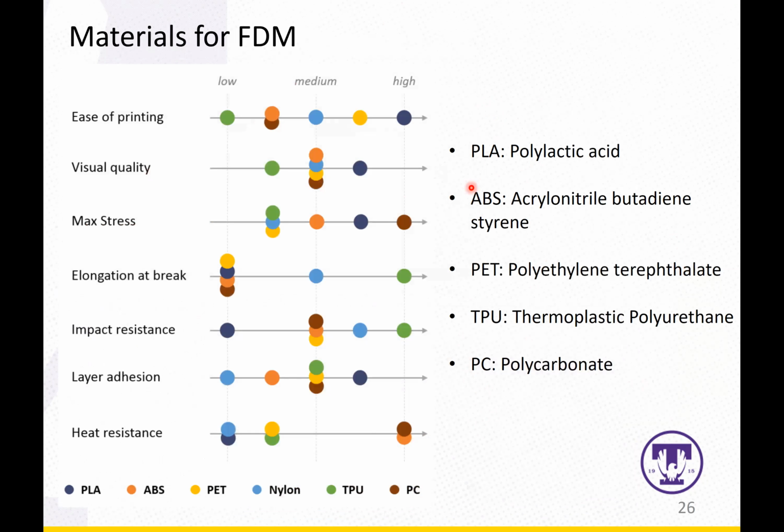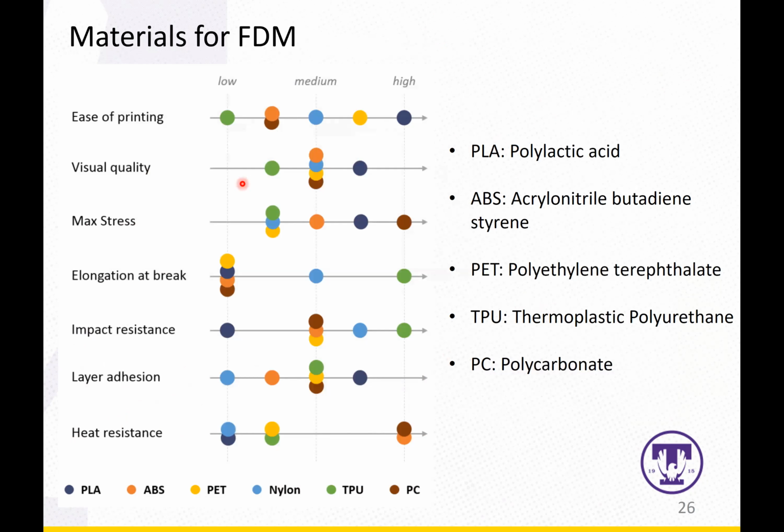But this figure summarizes the properties for different materials in terms of ease of printing, visual quality, max stress, elongation at break, impact resistance, layer adhesion, and heat resistance, and so on and so forth. But again you have to balance. Sometimes you just want to make your printing really easy. Then probably you should choose PLA, right?